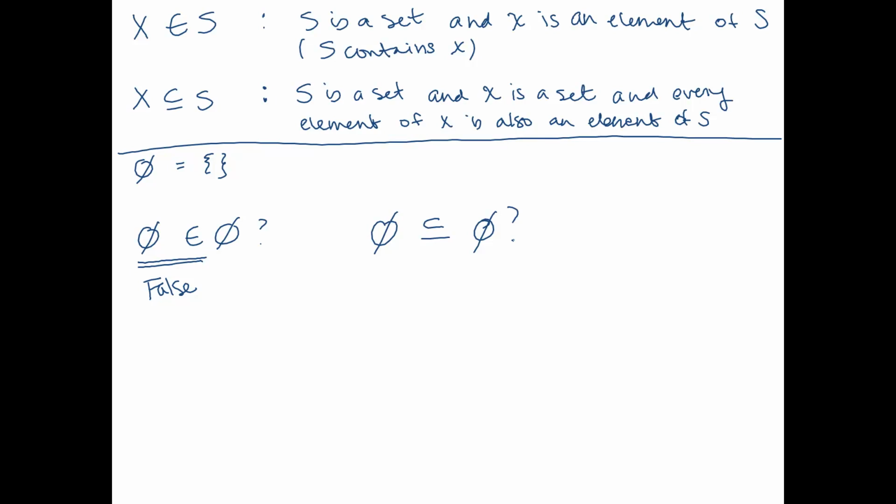Well, there are no elements in the empty set, and these no elements are also all in the empty set, right? So it's trivially true, but it's still true. Every element that's in the empty set, i.e. none, is also in the empty set. Okay, so this is true.